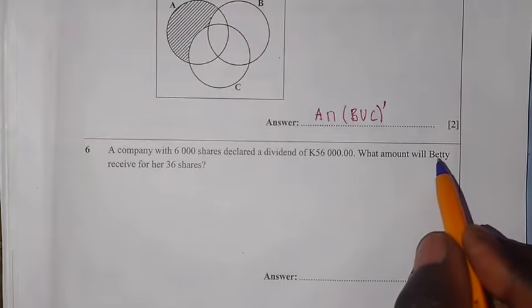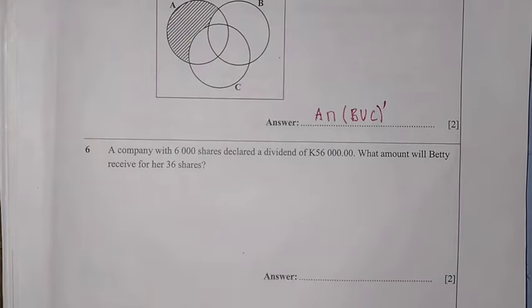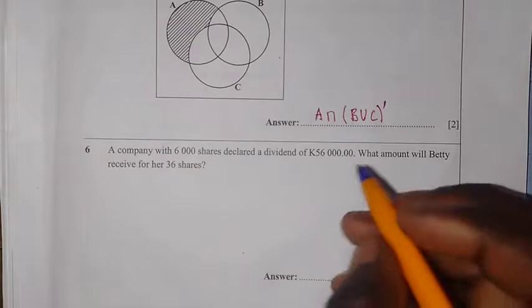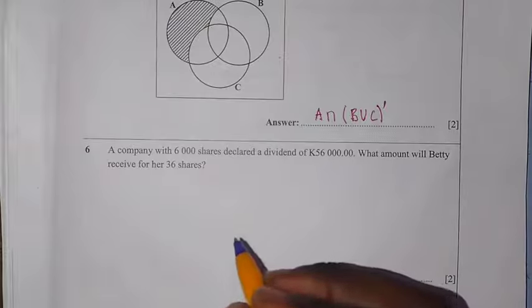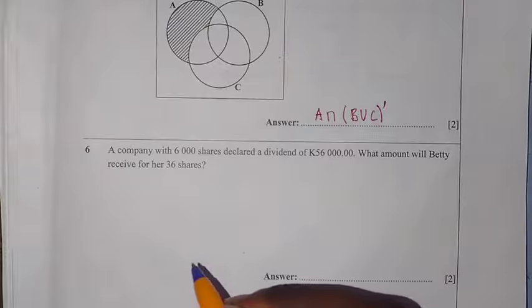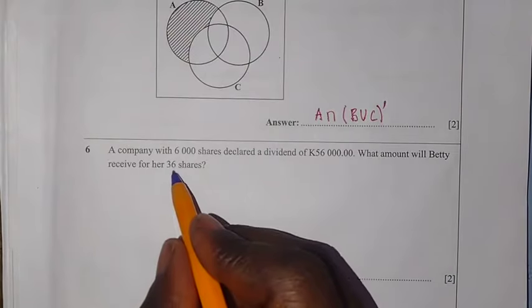What is the amount that Betty is going to receive if she has 36 shares? So what you can do is find the cost per share. How do you find the cost per share? You take 56,000 kwacha and divide by the total number of shares. Then you multiply it with the number of shares for Betty.